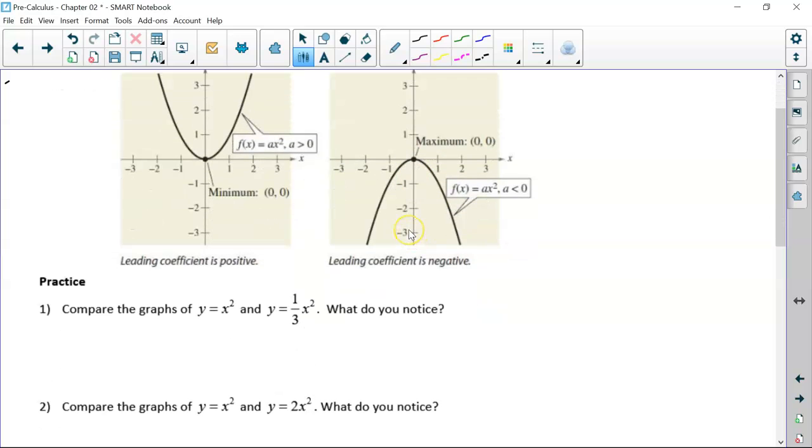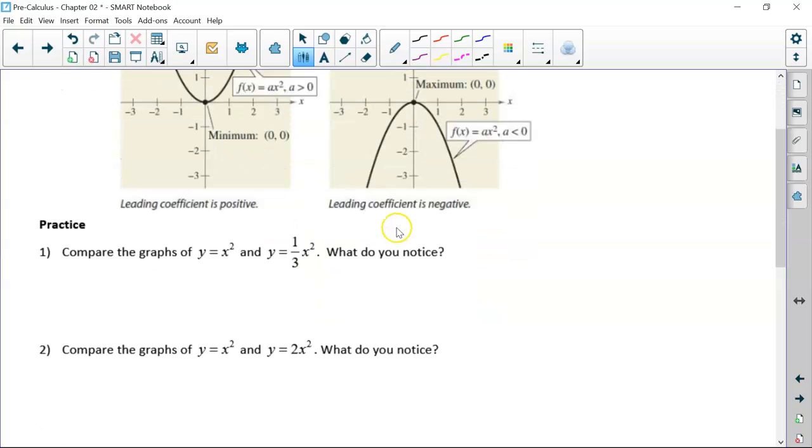So if you look at the graphs of x squared and 1/3 x squared on your calculator, you notice that for the 1/3 x squared, it opens wider. It is vertically compressed.